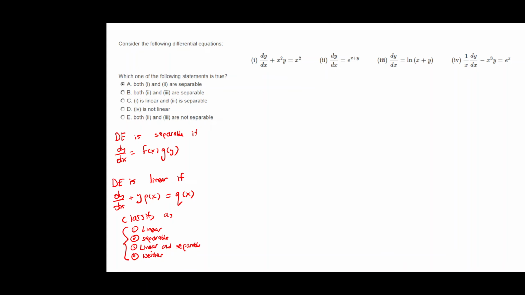Well, this is definitely linear because we can write it as dy by dx plus y times x squared is equal to x squared. So it's linear with p of x equals x squared. How about separable?